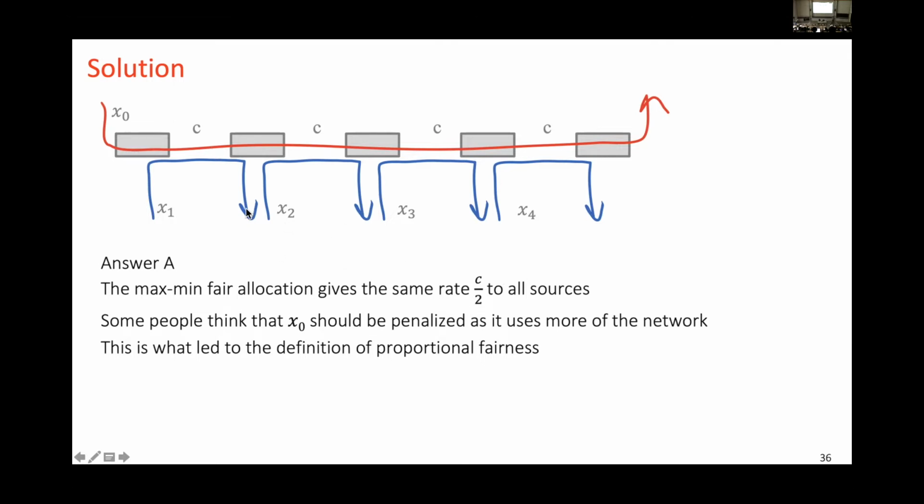So some people think that it is not fair. This flow should be penalized for the amount of network it uses and should receive less. We should give more to flows that use less of the network. That will lead us to the definition of proportional fairness.